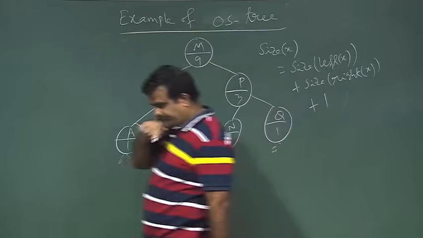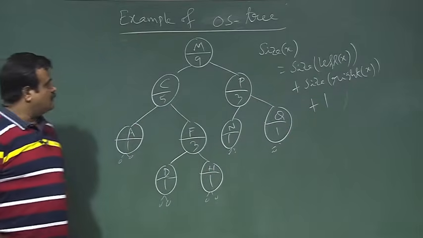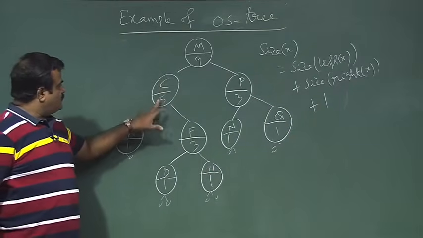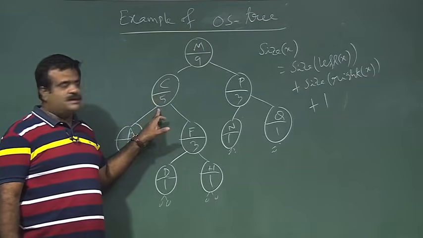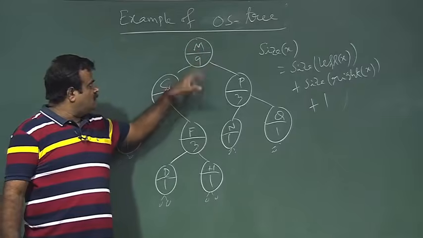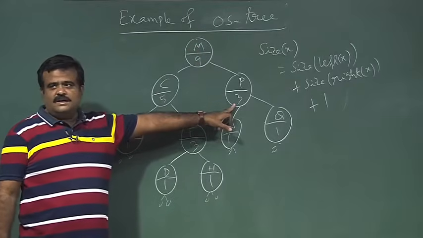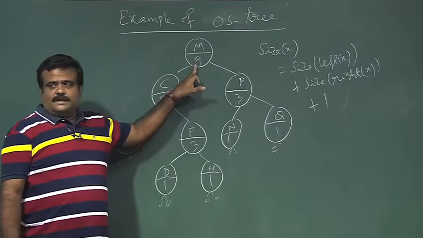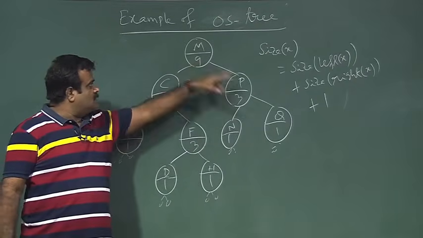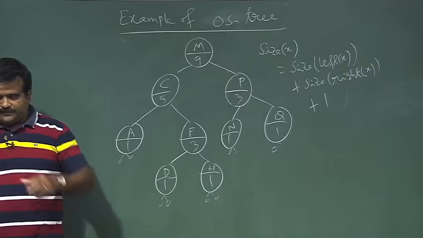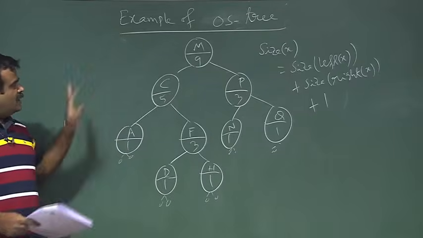Okay. So, size of left of x is 5, that means the size of the left subtree is 5 for this node, the size of the right subtree is 3, and the node itself. So, this is basically 5 plus 3, 8, and plus 1. So, this is the formula for making the size. So, we can easily get the size.